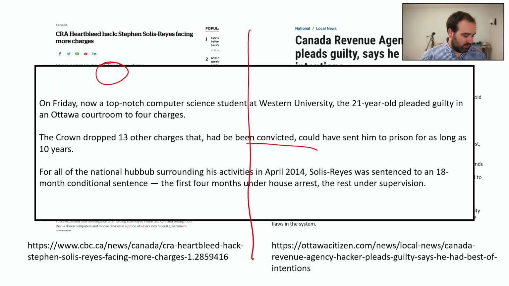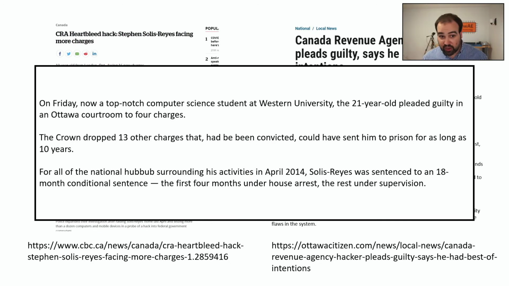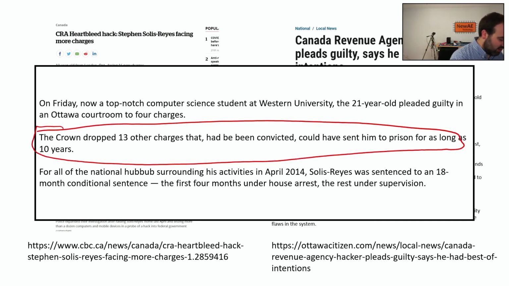Let me blow up these quotes here. He was a computer science student at Western University when this case pleaded out. Originally they were trying to charge him with a whole bunch of charges of up to like 10 years in prison, and he ended up with a conditional sentence, so he wouldn't have any jail time.